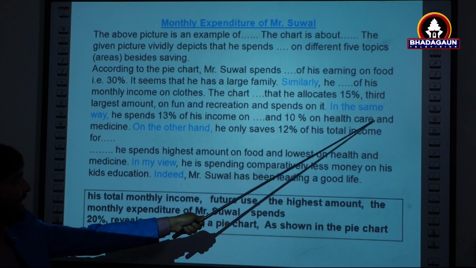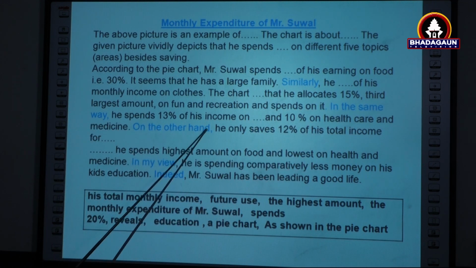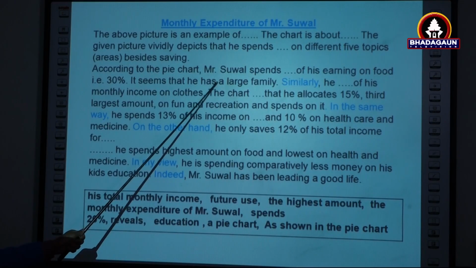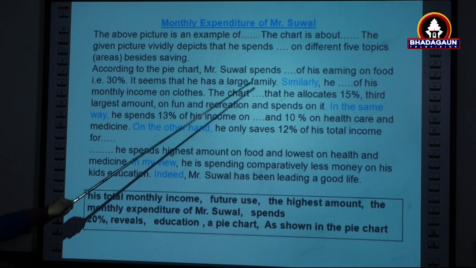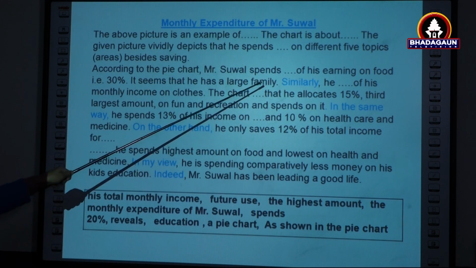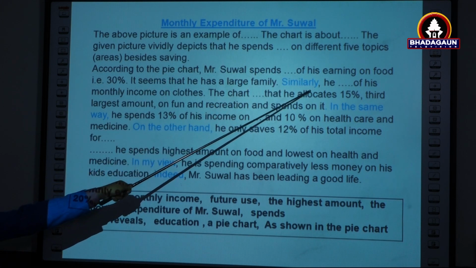Similarly, in the same way, on the other hand, in my view, indeed, these are the cohesive devices. When you write an essay, a newspaper article, paragraphs, or when you interpret charts and diagrams, these cohesive devices link the previous idea to the second one. For example, let's discuss from the beginning, then we will discuss this cohesive device also.